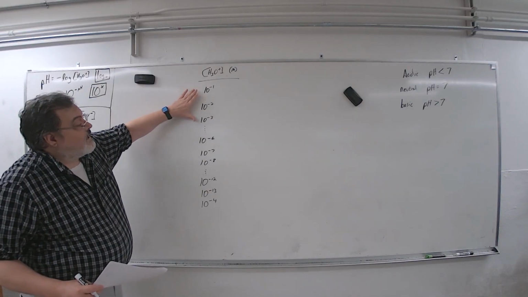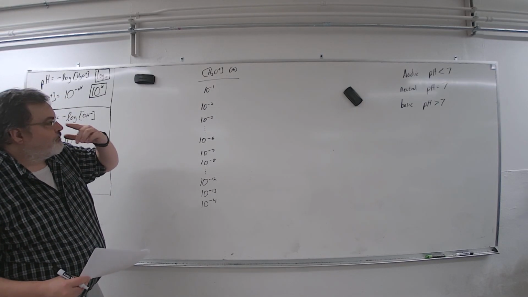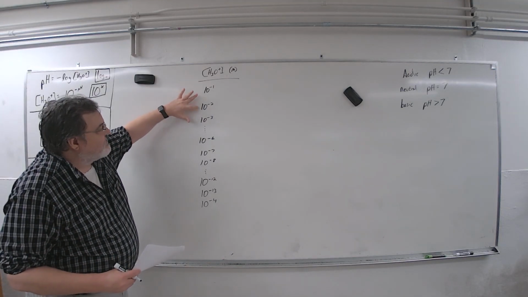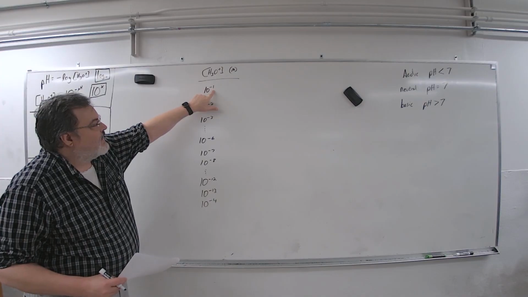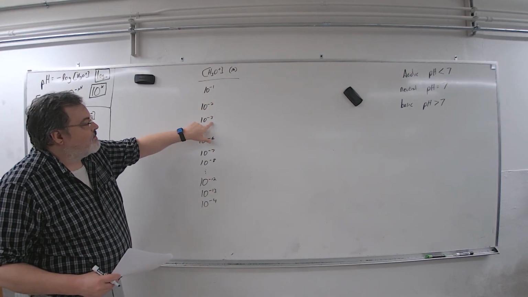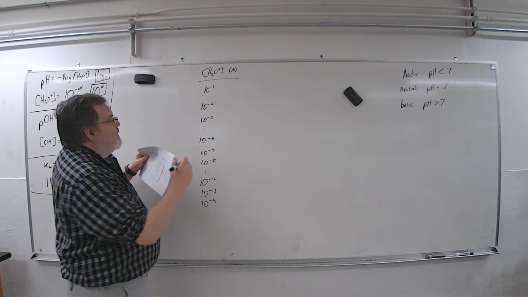If I said, here's the concentrations of the ion, this is just a scale though. So you can be somewhere in between these two values. But this means here's pH 1, here's pH 2, here's pH 3. These are very acidic.